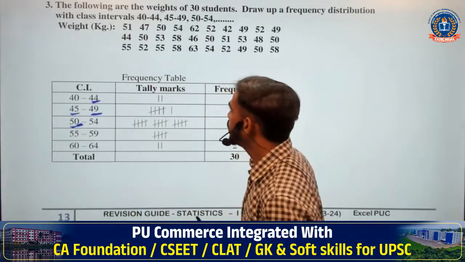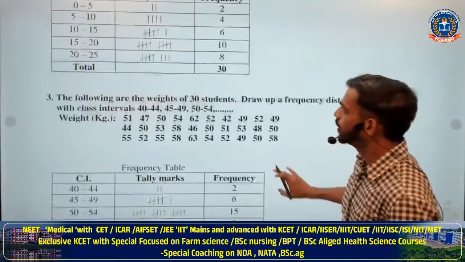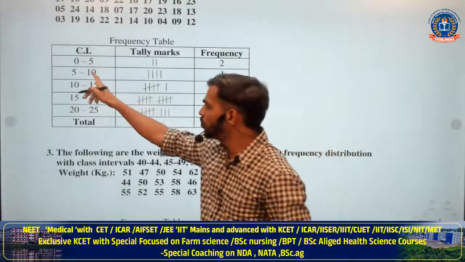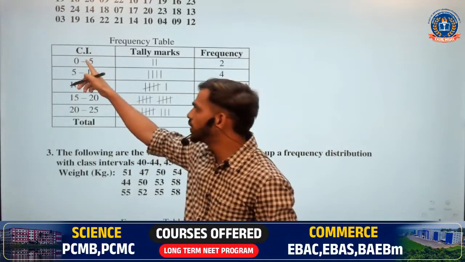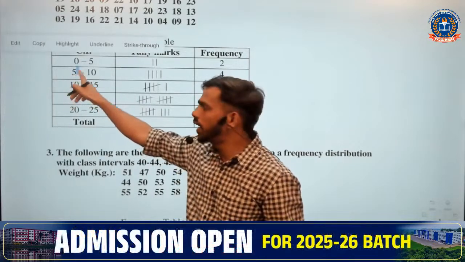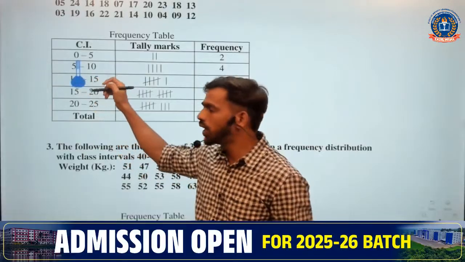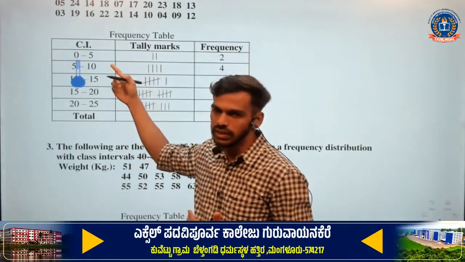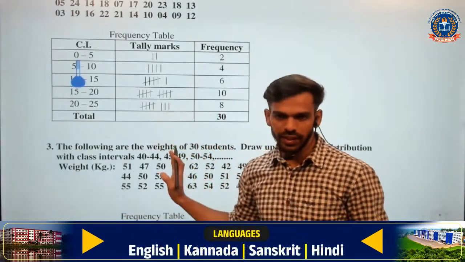In the previous example, they were the same: 0 to 5, 5 to 10, 10 to 15. The upper limit of the first class and the lower limit of the next class are the same there. When we encounter such a situation, they are exclusive class intervals. Exclusive means the upper limits are excluded in that class.